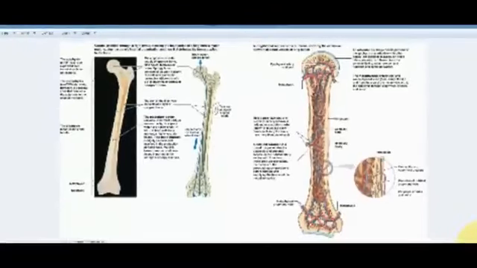Can you show us where you start with the skin of the bone? Yeah. This is the spongy structure inside of the bone.